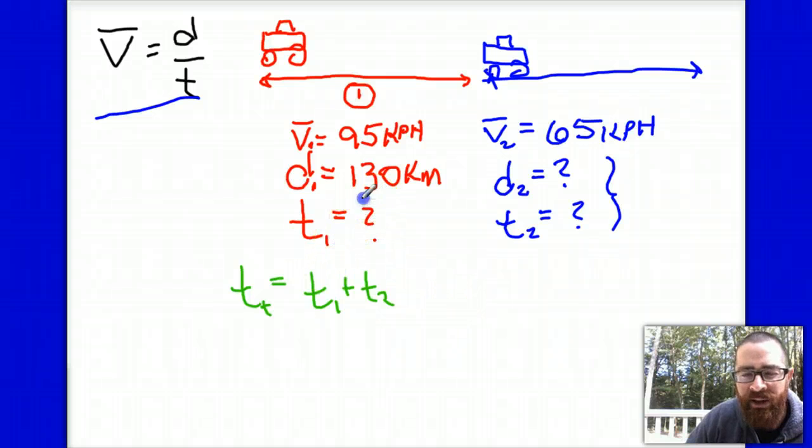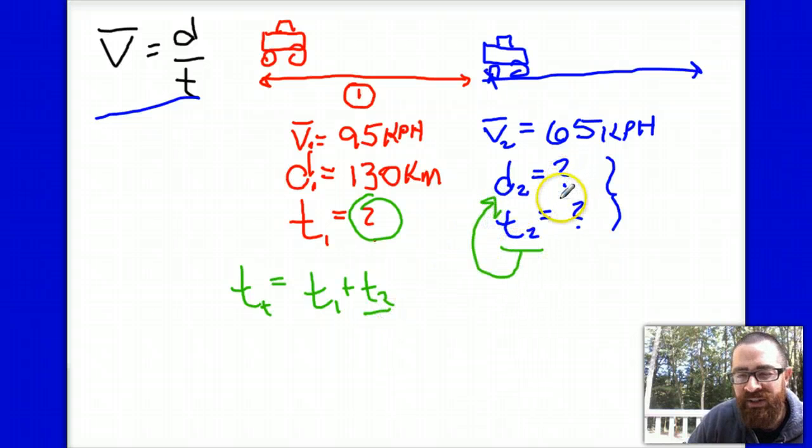So if I can resolve t1 in the first equation, perhaps in an intermediate step, I can then use this 200 minutes to solve for the unknown t2. Once I know t2, I can then figure out the distance traveled during the second interval, or during the time that it was raining over here.